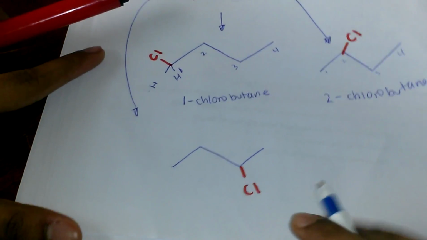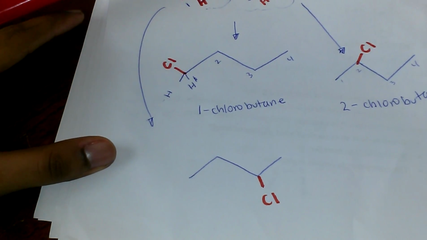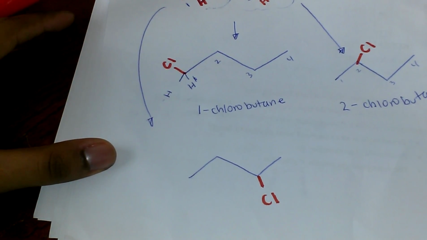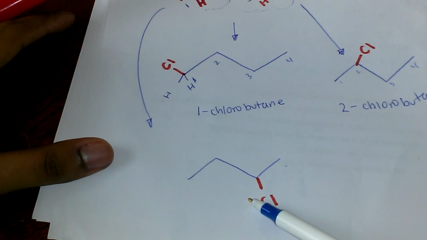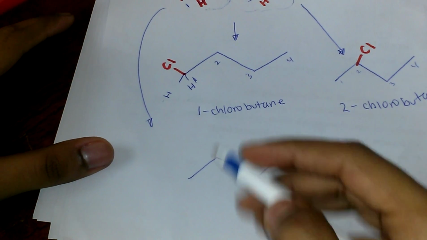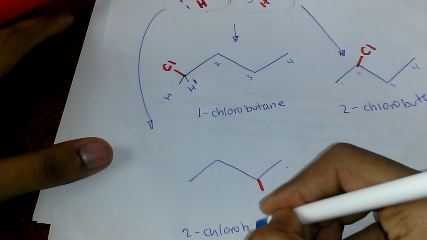So even though this is the 3rd carbon, as you know, according to IUPAC, we have to start numbering so the substituent gets the lowest number. So in this case, it would be 2-chlorobutane.